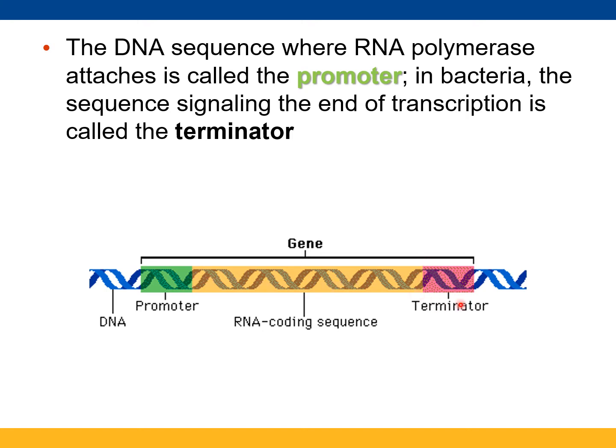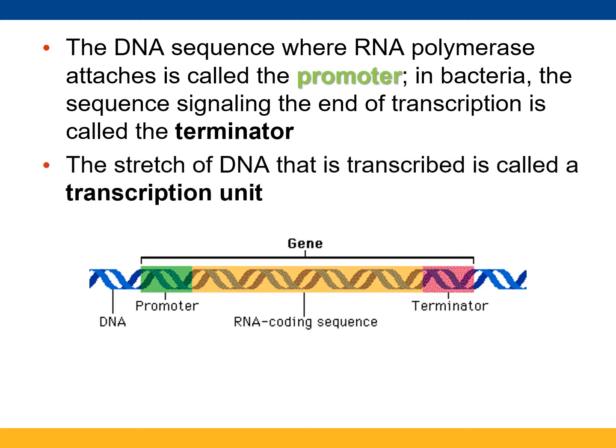On the other end, at the downstream end, we have sequences that facilitate termination of transcription. So we're not just randomly transcribing DNA any old place. There are very specific places where that RNA polymerase is going to bind, transcribe, and release.